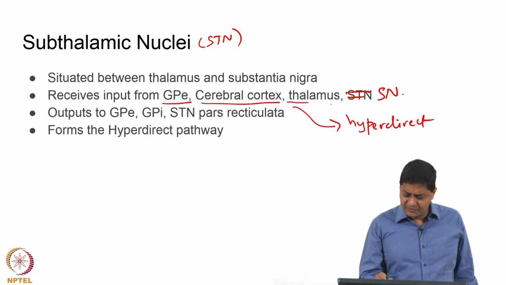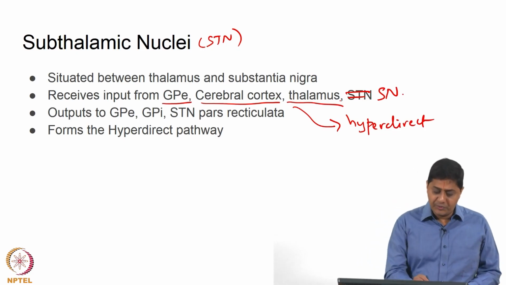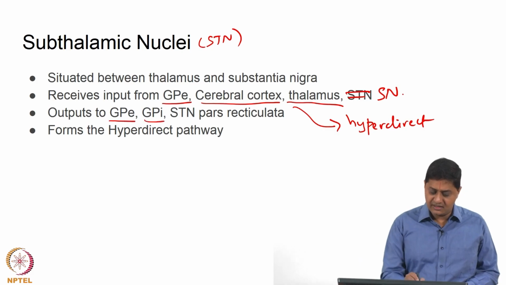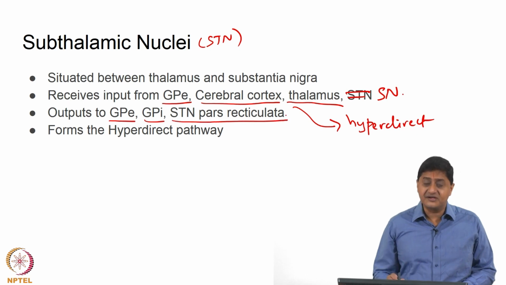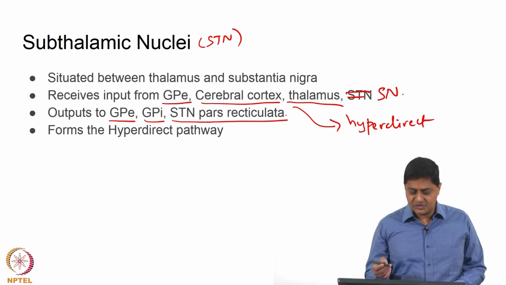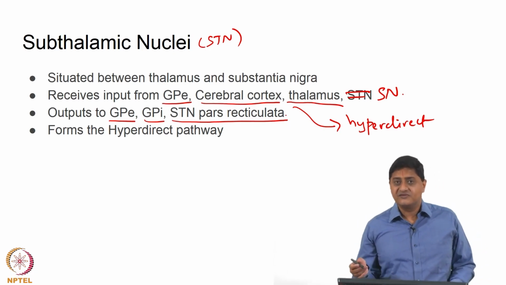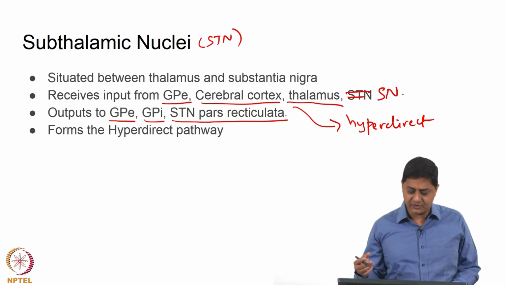It also receives input from thalamus. So, it receives input from multiple structures. It outputs to both pallidal segments, both to external and internal, and also to substantia nigra pars reticulata. Note, substantia nigra pars reticulata is similar to GPi. So, if it outputs to GPi, which is basically the output structure, it also outputs to substantia nigra pars reticulata.